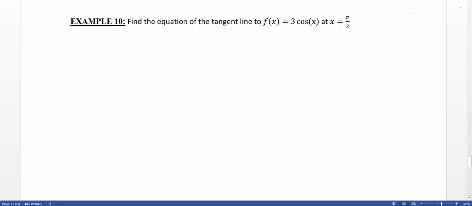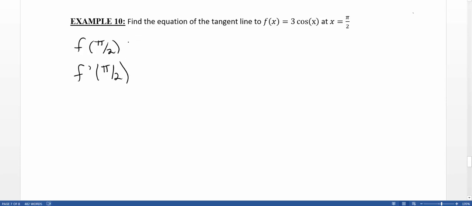Example 10. Find the equation of the tangent line to f of x equals 3 cosine x at pi over 2. So again, to find the equation of the tangent line, we're going to need to find the functional value at pi over 2 so that we have a point, and the derivative at pi over 2, which will give us the slope.